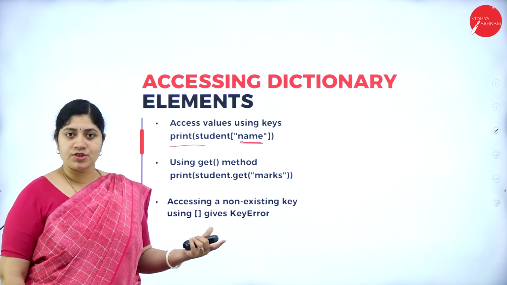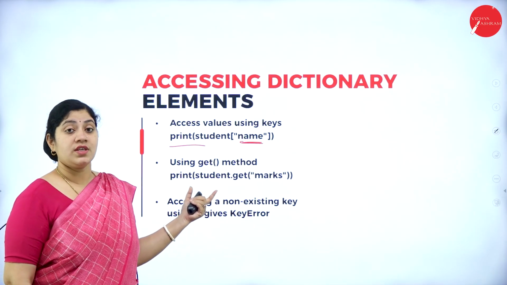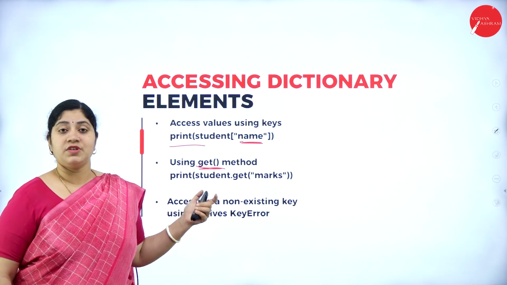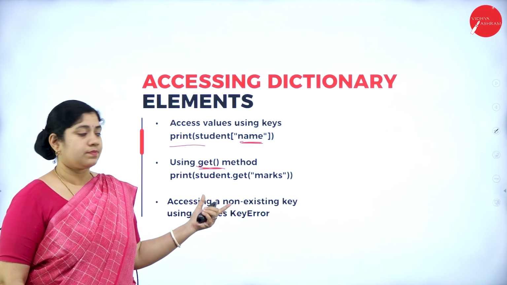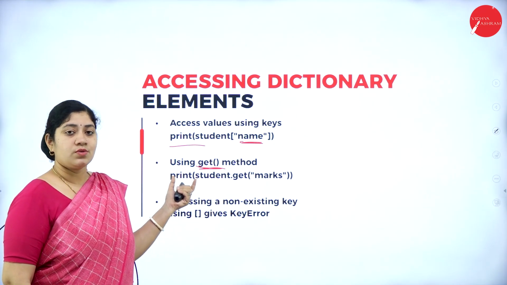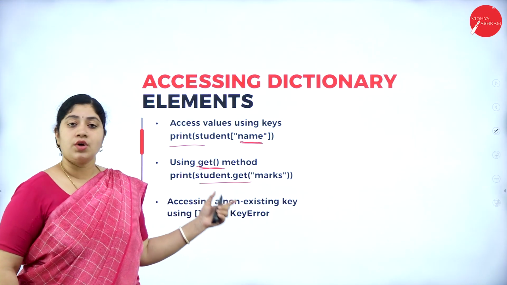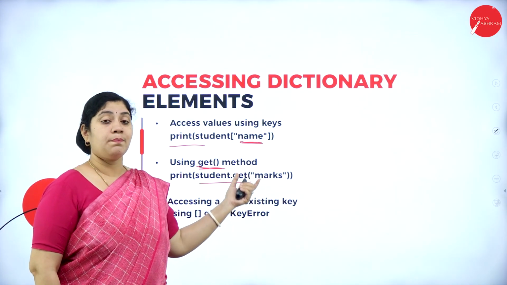Now, is there any option to update the dictionary? Yes, we can do that by using the get method. So, by using this method too, we can update the elements or the values inside the dictionary. Let's see how. So we are again declaring print of student dot get. Now what has to be updated? The marks.